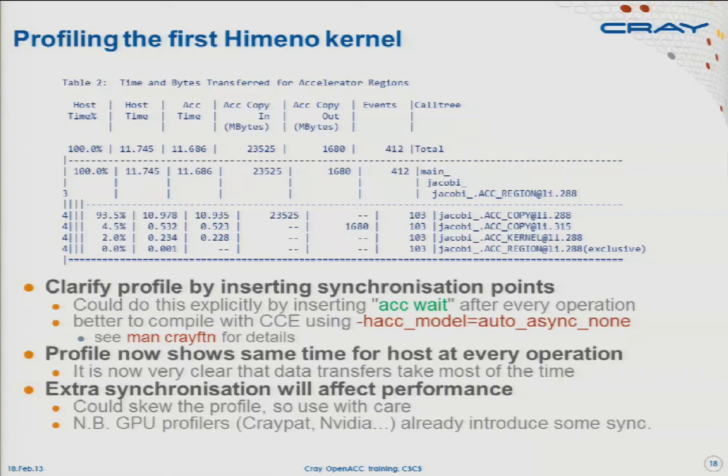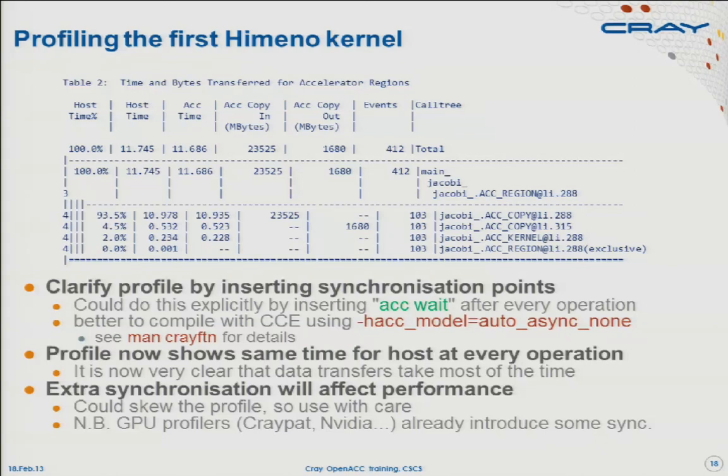I haven't really talked about asynchronicity, but if you switch off the asynchronicity, the exercise isn't about doing CrayPat. You'll see that a bit in Practical 3. But when you do that, you see all its time here is being spent in data movement, ACC copy at the start, ACC copy at the end, and the kernel is only taking 2% of the time.